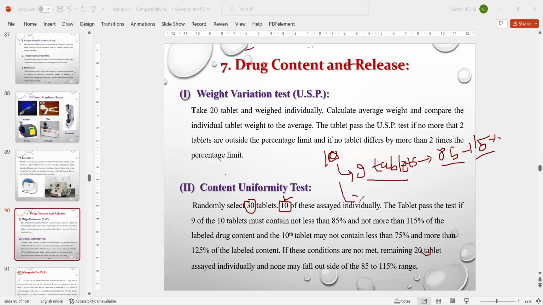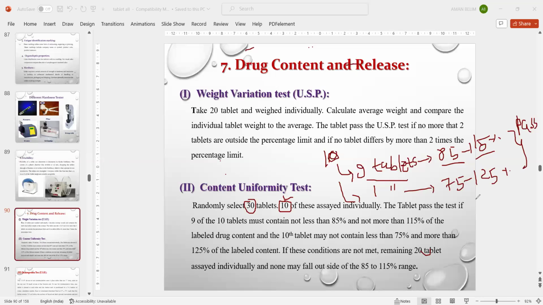And one tablet, if it contains an amount of API of 75 to 125%, then this can pass. For a particular tablet batch, we can pass this test.